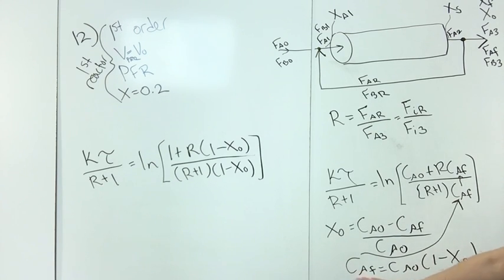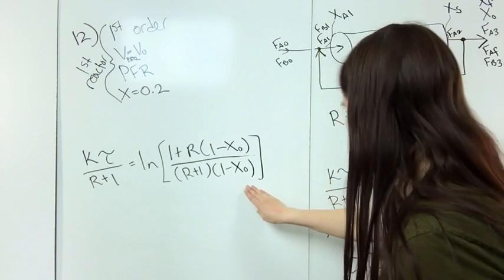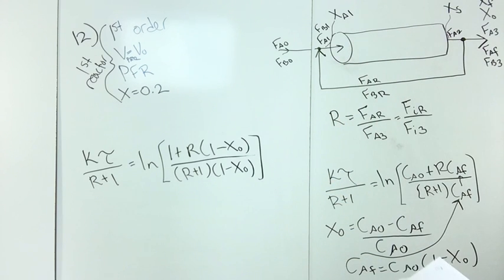And so then you could just calculate CAF using X naught, plug it in, and solve for whatever you were solving for. But in this case, since you don't know what CA naught is, you need to put the equation in this form, because you can't calculate what CAF is since you don't know CA naught.